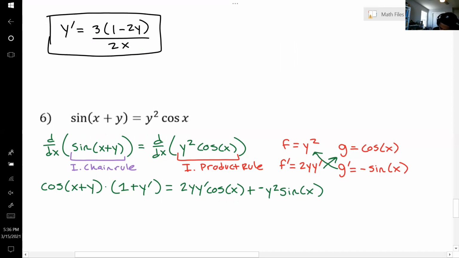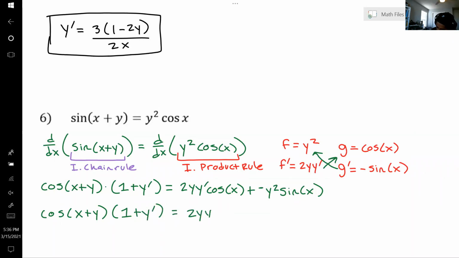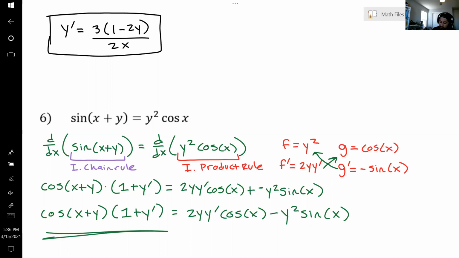So I'm just going to rewrite it one more time as cosine of x plus y times 1 plus y prime equal to 2y y prime cosine x minus y squared sine of x. Okay, so the right side we're good on. The left side we have to clean up. So what do you think we can do here?